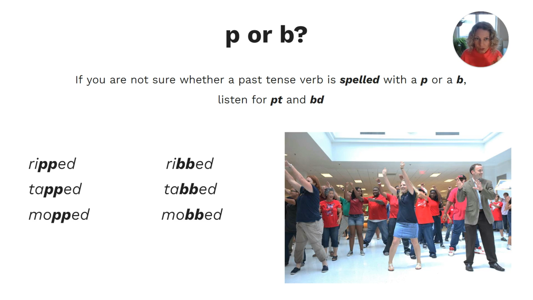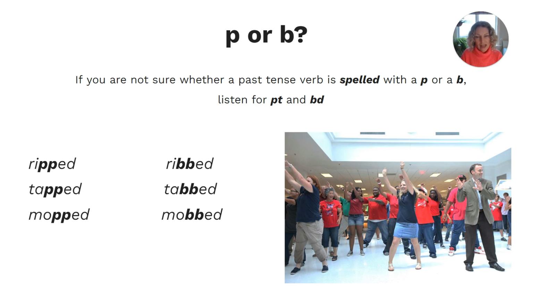So when you have those two unvoiced consonants together, it can sometimes be a little bit easier to realize you're dealing with a P. But if you have two voiced consonants together, like bd, you can hear them when they're together like that, perhaps a little bit more clearly than when it's just a B by itself. So if you hear pt, then you know it's a P, two unvoiced consonants. Ripped, as opposed to ribbed, which is two voiced consonants together.